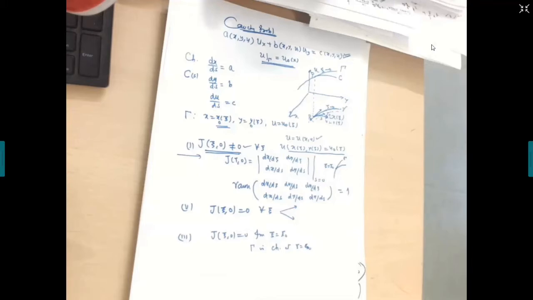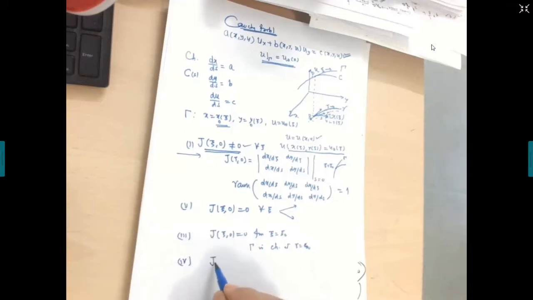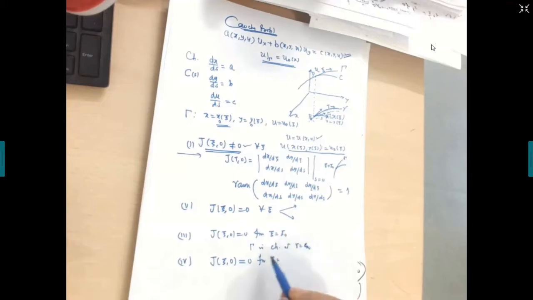Then there exists a solution in the neighborhood of xi equal to xi naught. What kind of solution? Will it be a C1 type solution or not? Yes, C1 type. Are you sure? It's C1 type only if the rank condition holds.